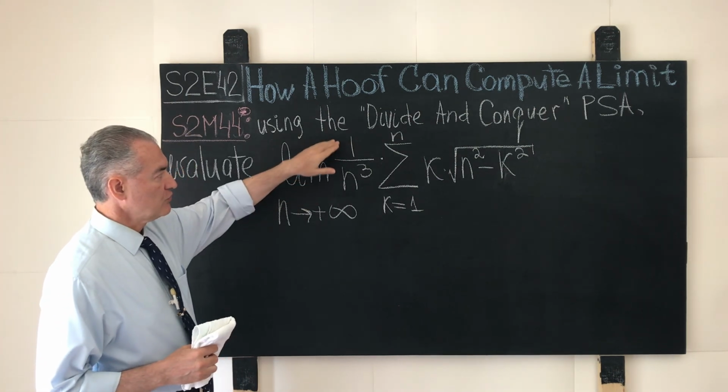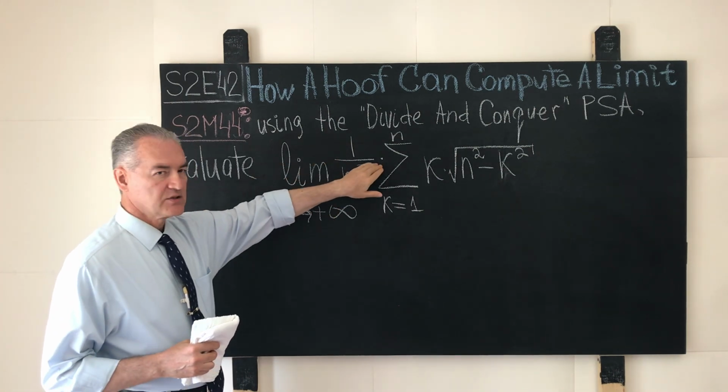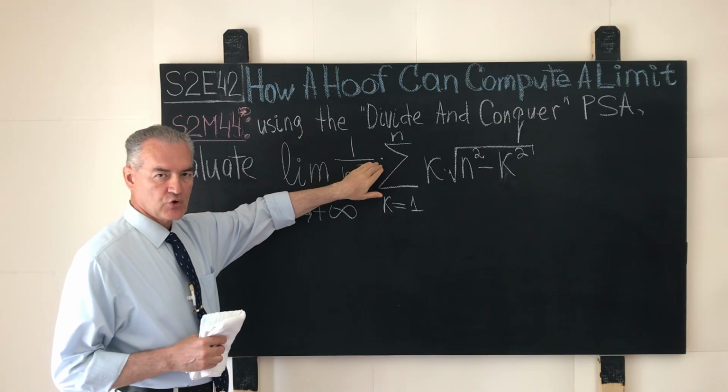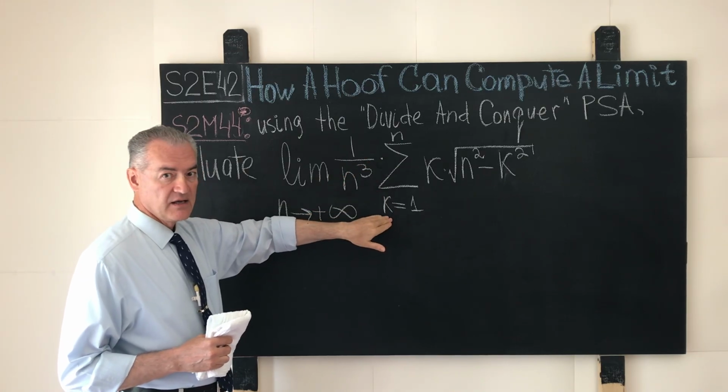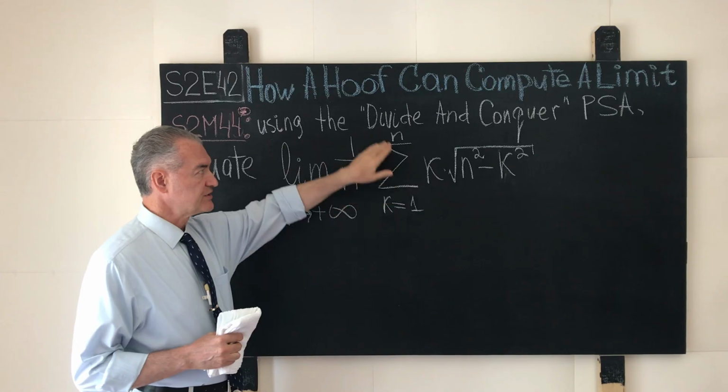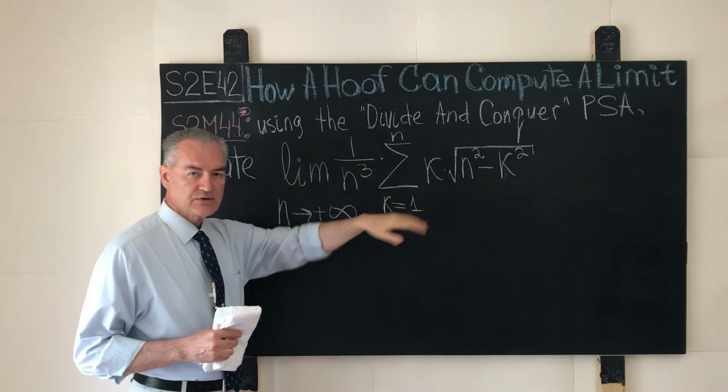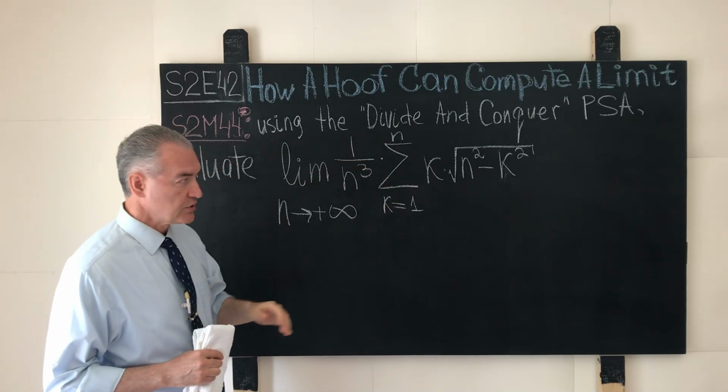And that factor of 1 over n cubed is multiplied by a finite sum whose dummy summation variable k varies from 1 to the set number n, and the summand of this finite sum has the following structure.